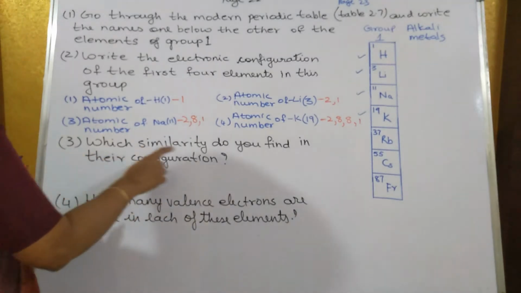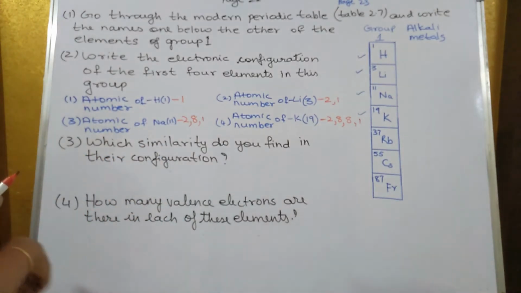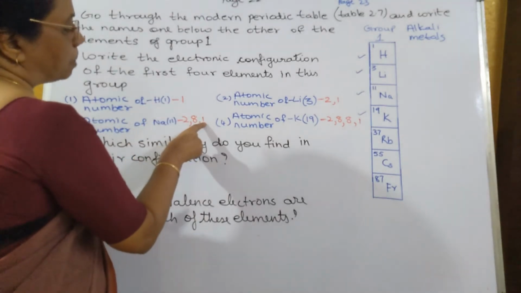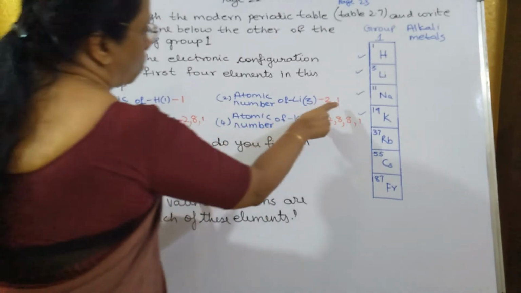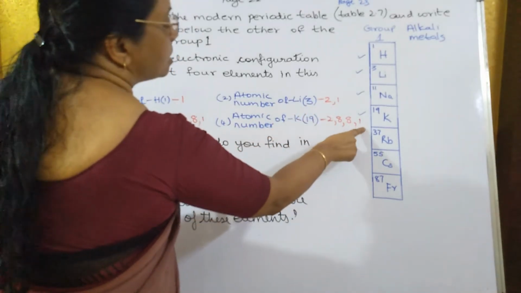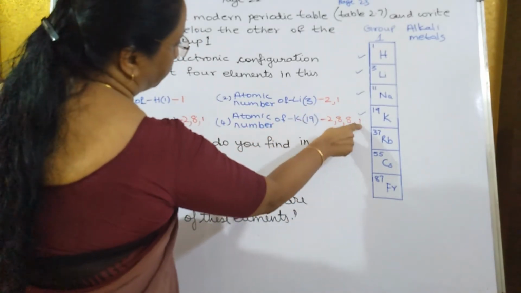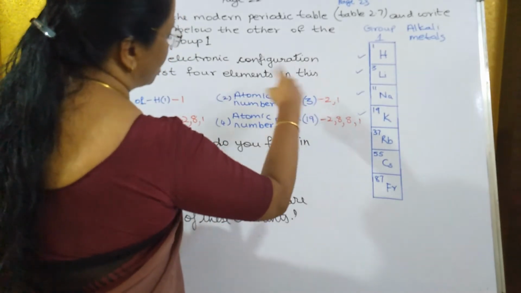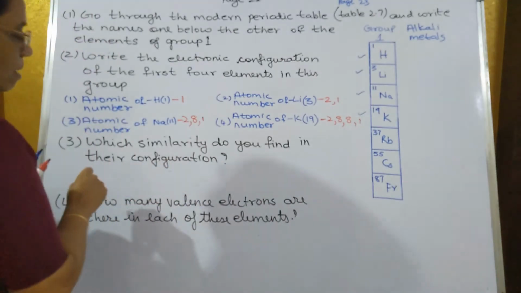Now which similarity do you find in their configuration? तो क्या similarity दिखाई देता है? हर एक में लास्ट में कितना नंबर है? 1 1 1 1. तो ये लास्ट शेल में जो इलेक्ट्रॉन्स रहता है, ये लास्ट शेल में कितना इलेक्ट्रॉन है? 1. इसमें भी 1 है. तो लास्ट शेल में जो इलेक्ट्रॉन रहता है उसको बोलता है वैलेंस इलेक्ट्रॉन.